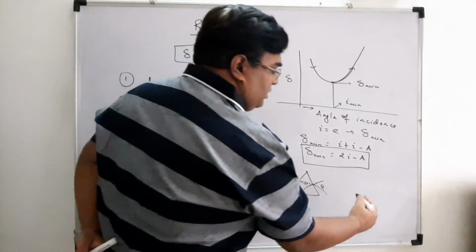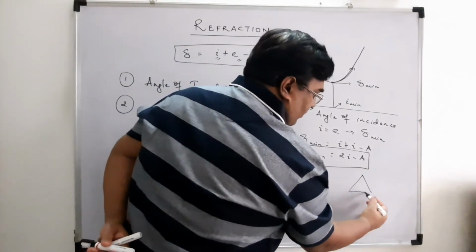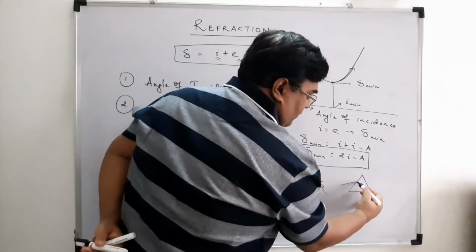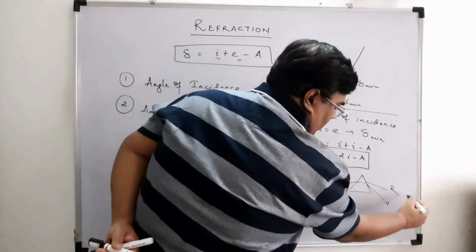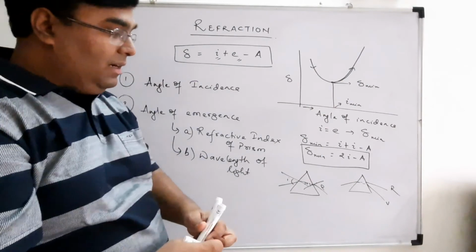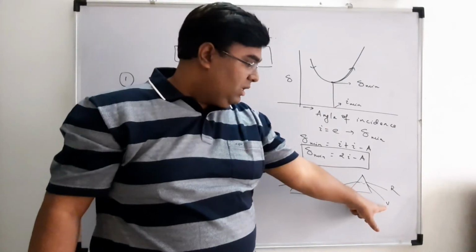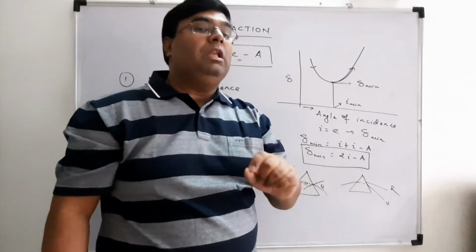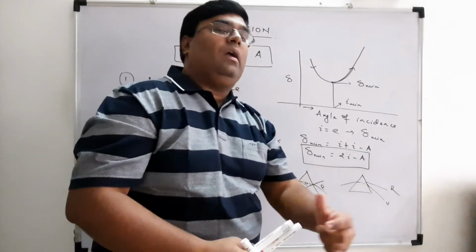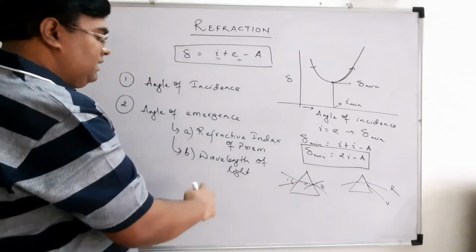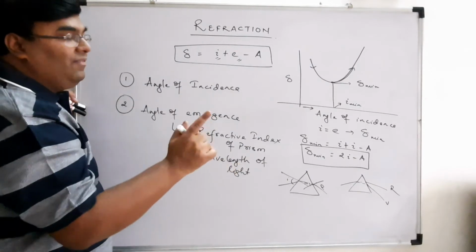And if you look at the spectrum in which VIBGYOR forms, the violet suffers the maximum deviation, however the red suffers the minimum deviation. So for different wavelengths we have got different angles of deviation, and hence the wavelength is a deciding factor for angle of deviation.